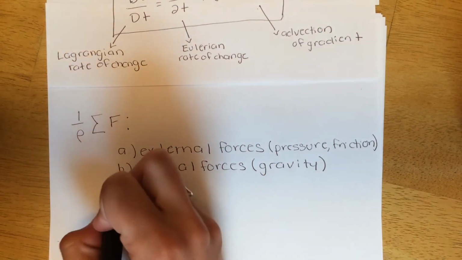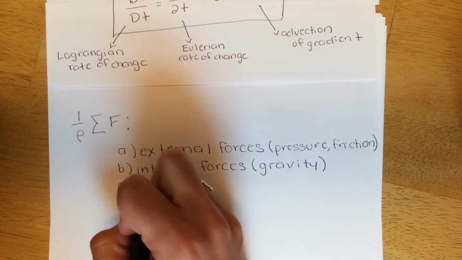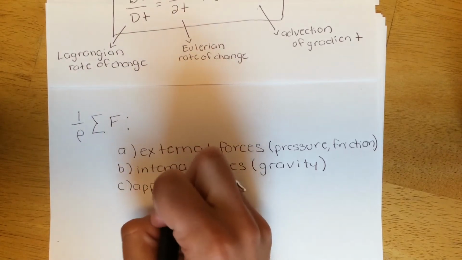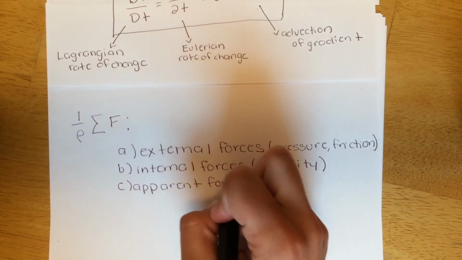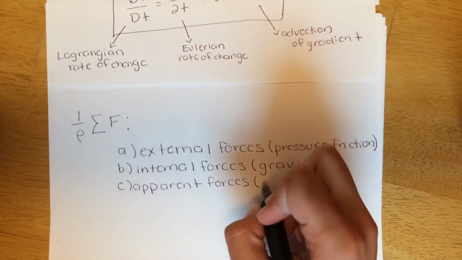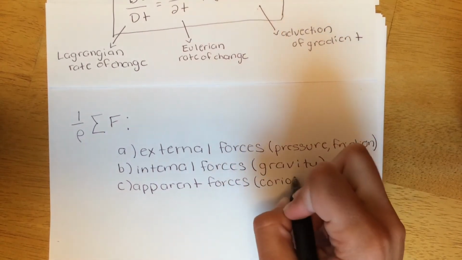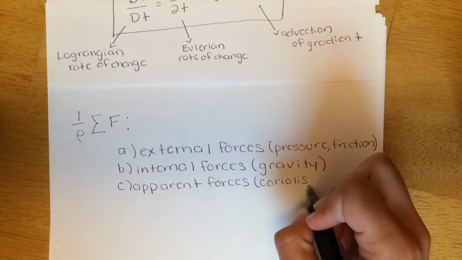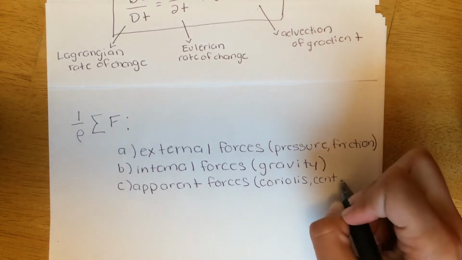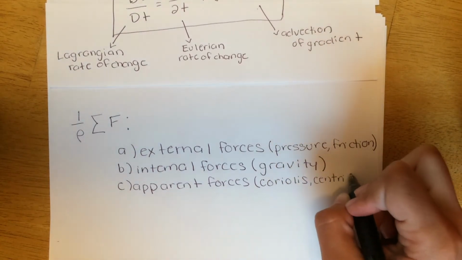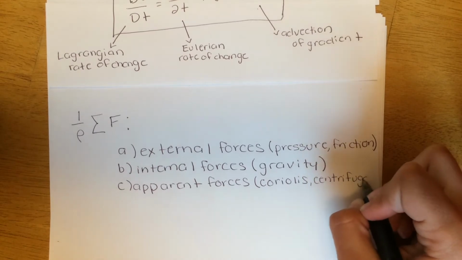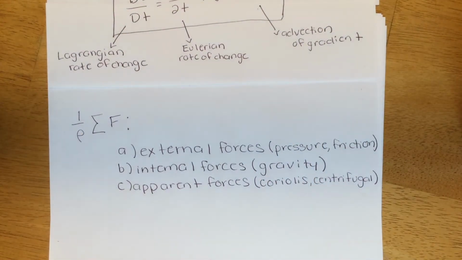And lastly, we have to include what are called apparent forces, such as the Coriolis force. We also include the centrifugal force in the apparent force, but we basically only need to consider centrifugal forces in the laboratory where we use tank demonstrations, rotating tank demonstrations.